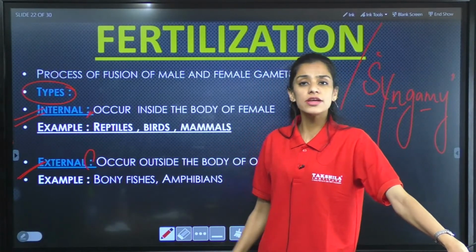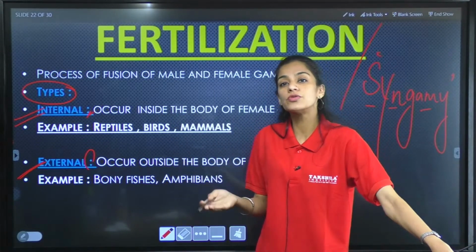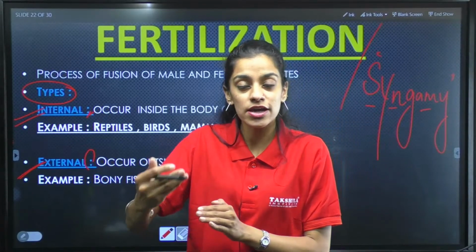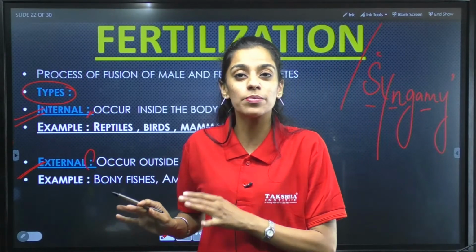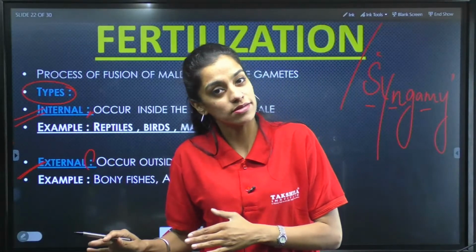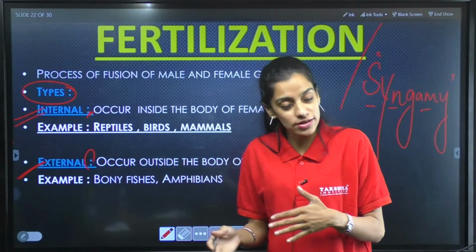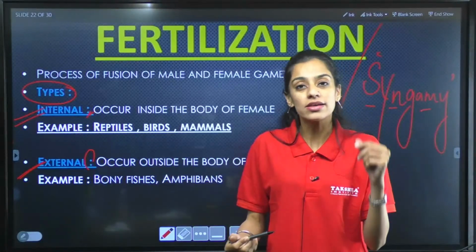External fertilization can have any medium, it can be water or air, anywhere, but if the gametes coming from the parent fuse outside the body of the organism, then it is external.